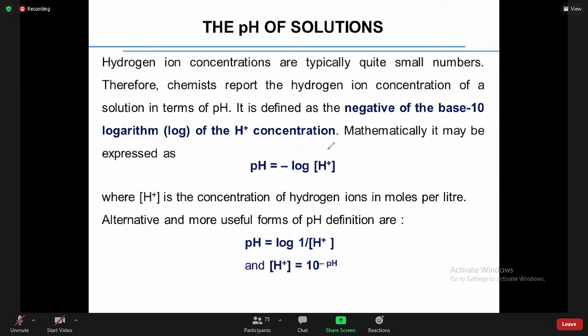As you already told, this is the power of hydrogen, and we can understand acidity or basicity from the pH. So if the concentration of proton is higher, then the acidic power will be higher, right?